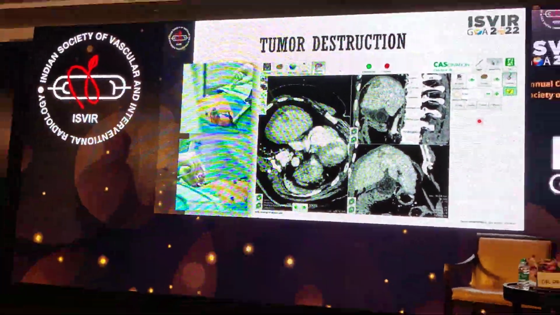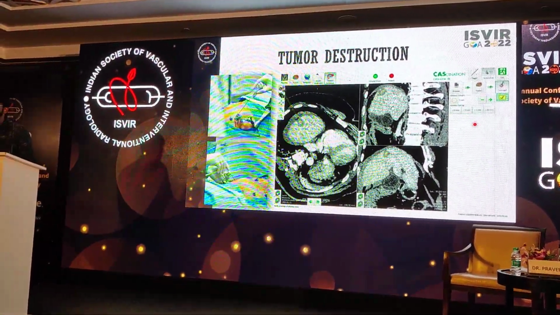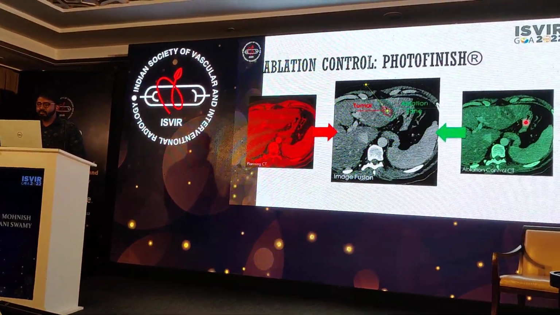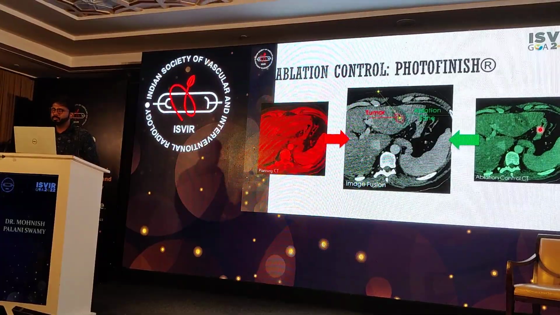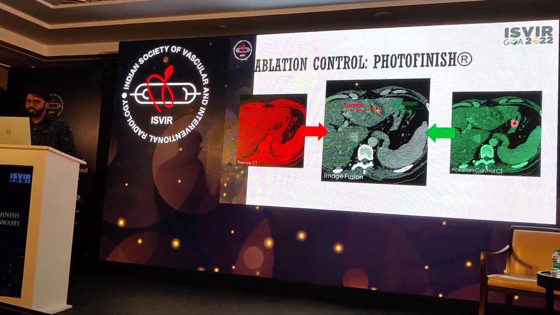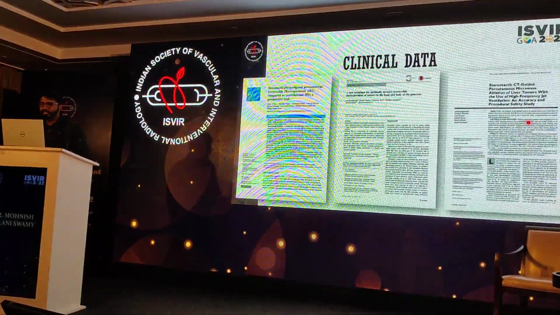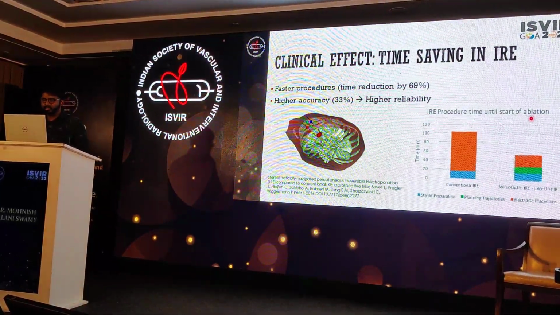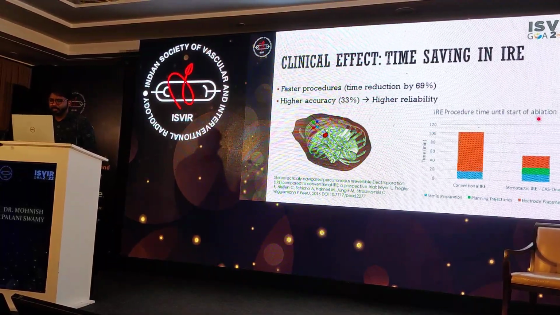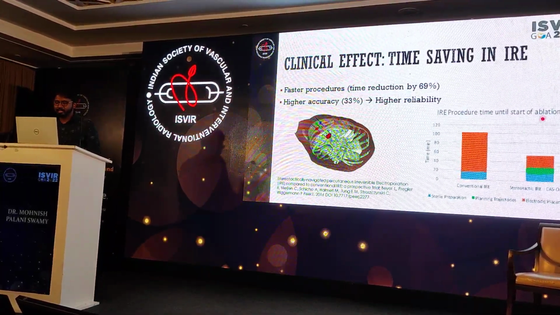And the software is integrated in a way where you can definitely say for sure whether the lesion is ablated or not, and whether the ablation zone is adequate, and there are specific features in that as well. There are many clinical data to suggest that it's a very good system, and it's time saving in many extensive procedures like IRE as well.